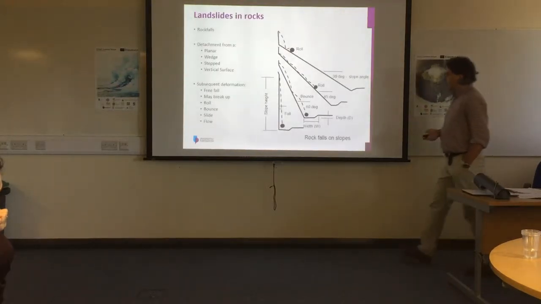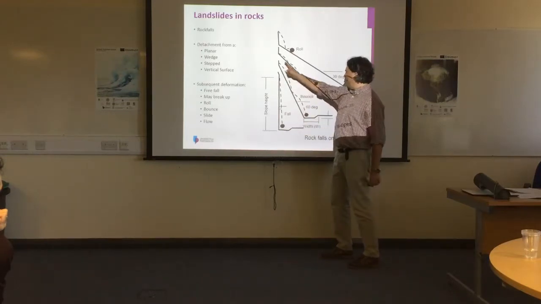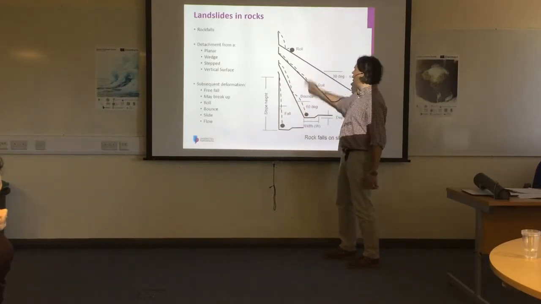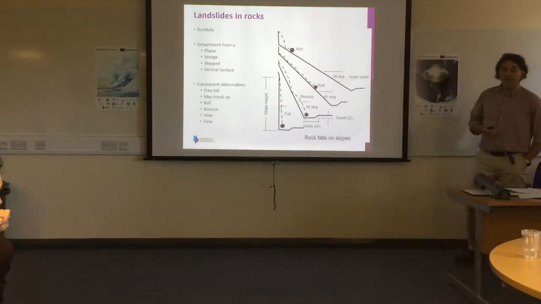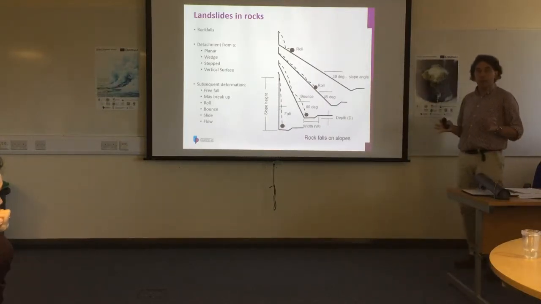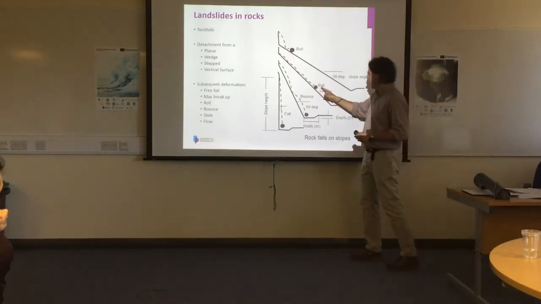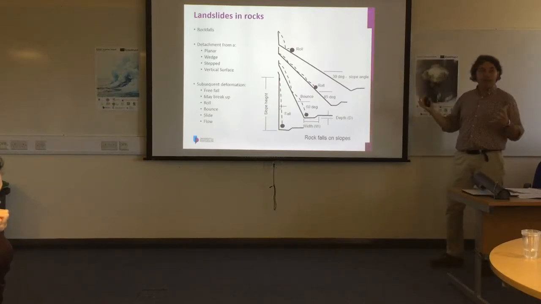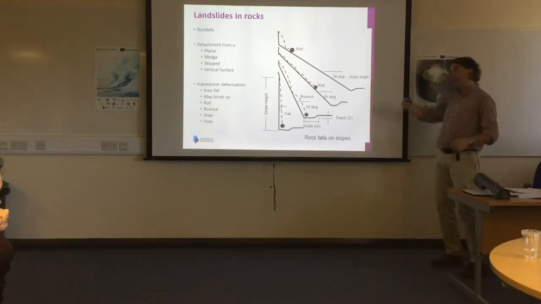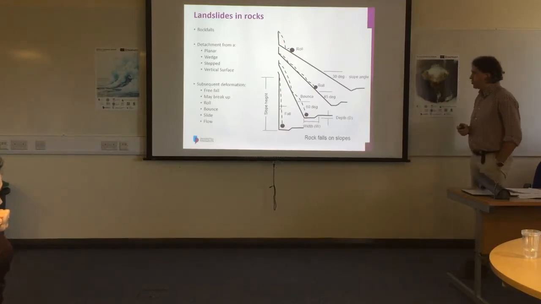So they can fall vertically, they can bounce a bit, they can roll, they can do all sorts of things. If you search on YouTube, you'll find some videos of blocks doing some really quite amazing stuff. Although these are nice round cannonballs, most blocks are not. Most blocks come out in some sort of tabular fashion, so as they start to spin, they'll do all sorts of quite interesting things. So they can be very destructive.